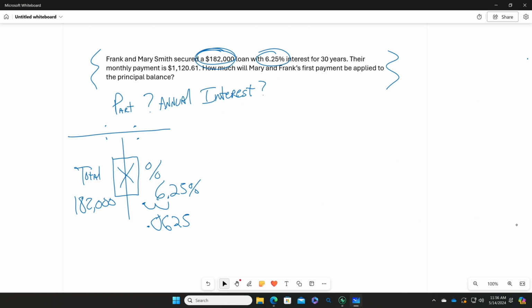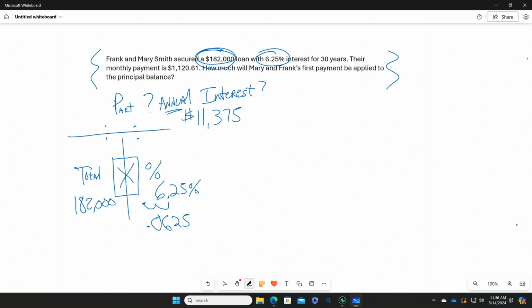I'm going to give my calculator a couple of clears to make sure I flush everything out of it. 182,000. I'm going to multiply that by 0.0625. And when I do that, I get $11,375.